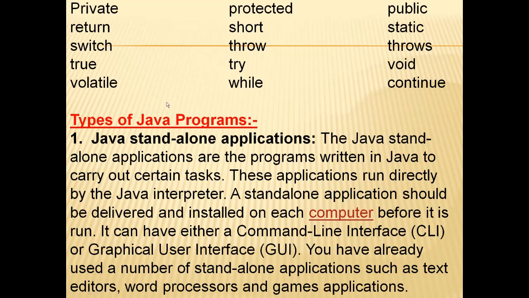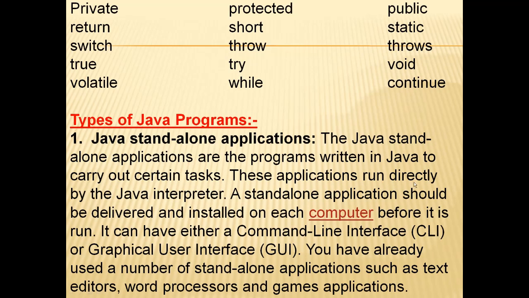Now, there are types of Java programs. Generally, there are two ways of writing Java programs according to which a user can perform the desired task. The first is Java standalone applications. These are programs written in Java to carry out certain tasks.